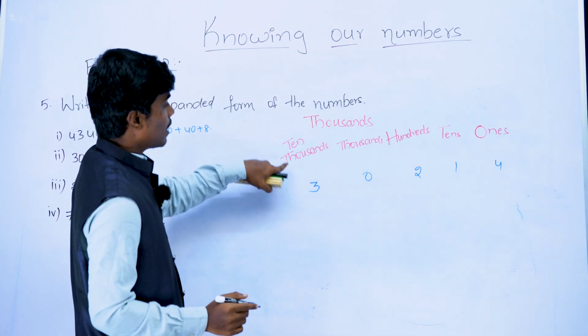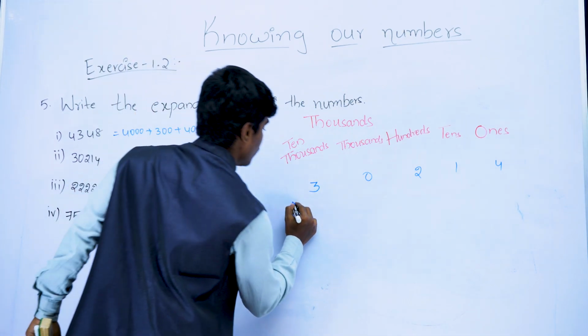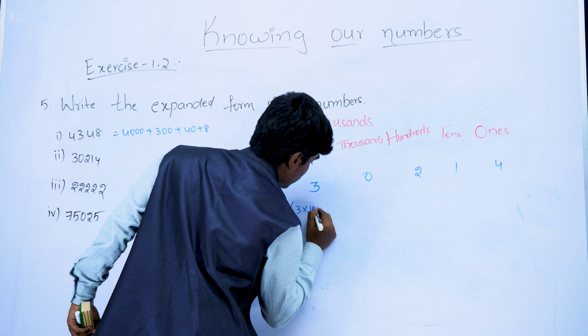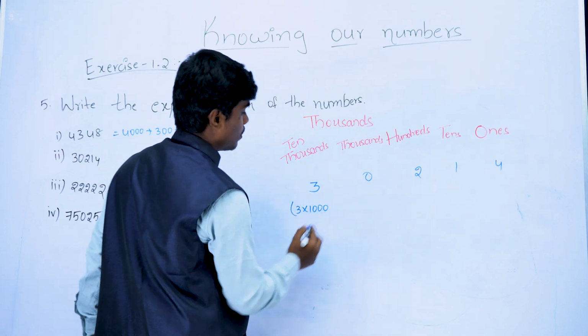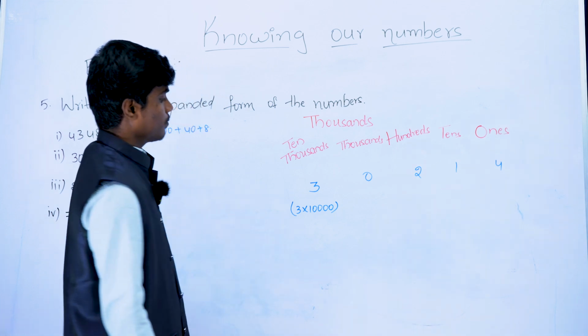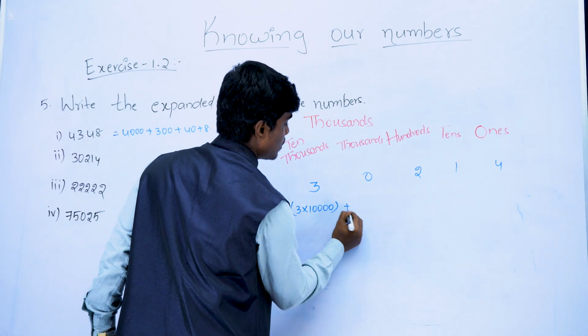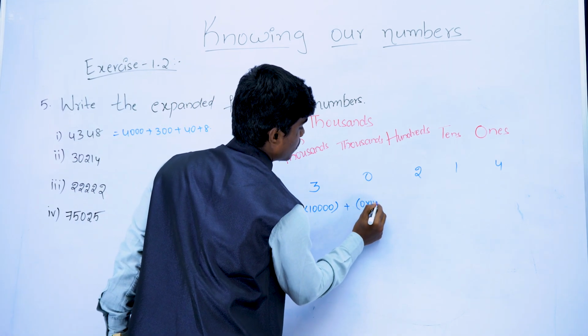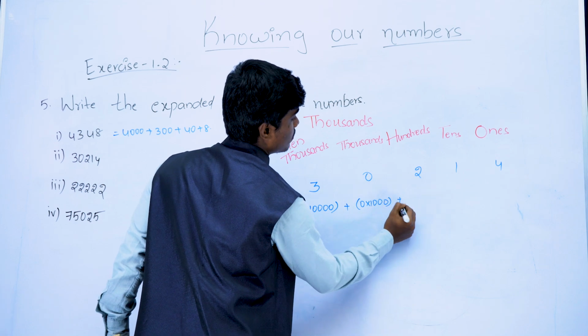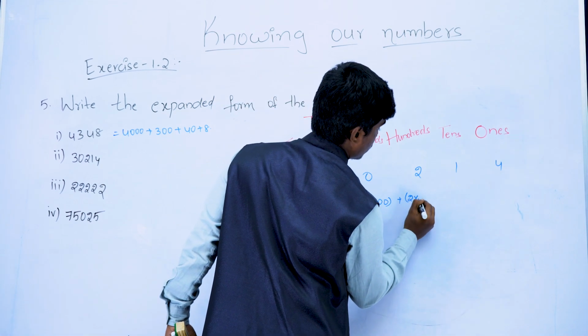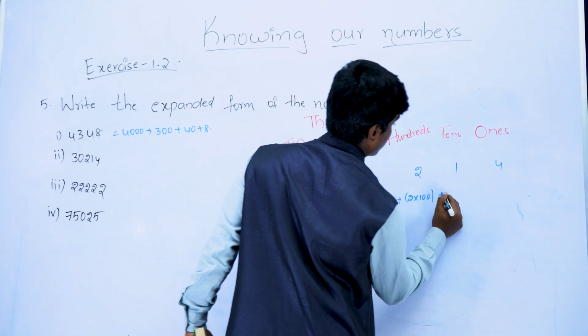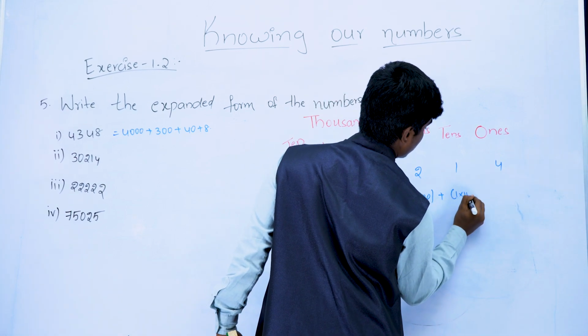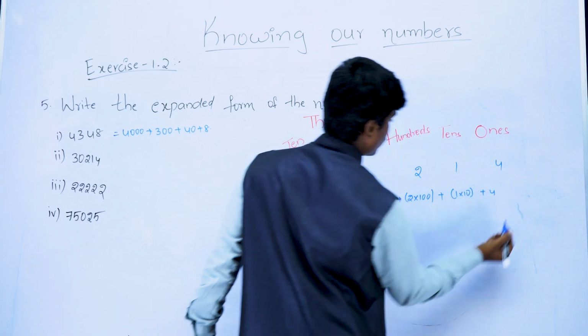See, 3 10,000s, so 3 into 10,000 plus thousands 0, 0 into 1000 plus 200s, 2 into 100 plus 1 into 10 plus 4.